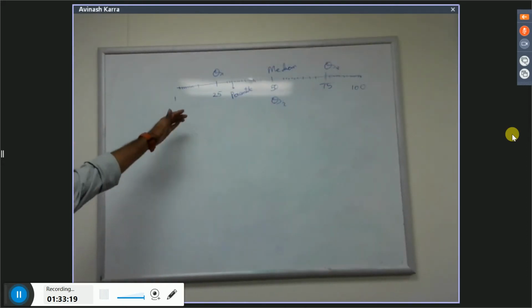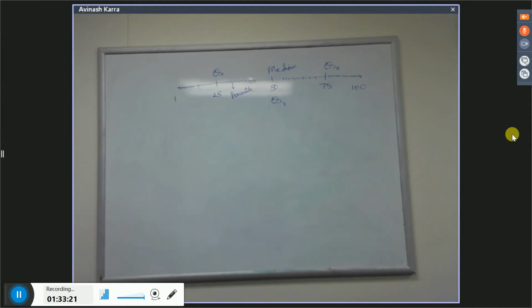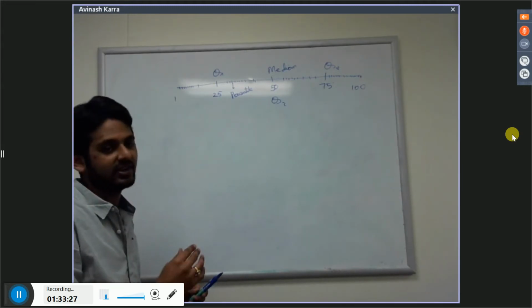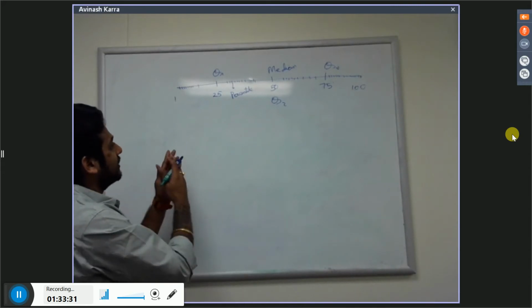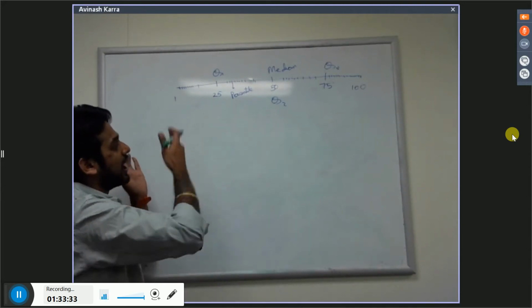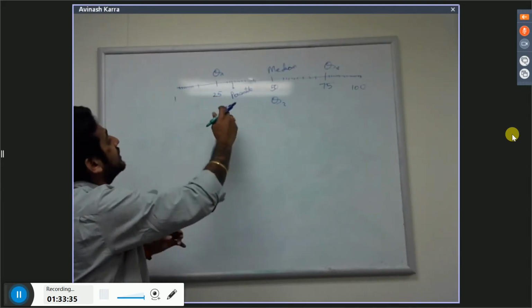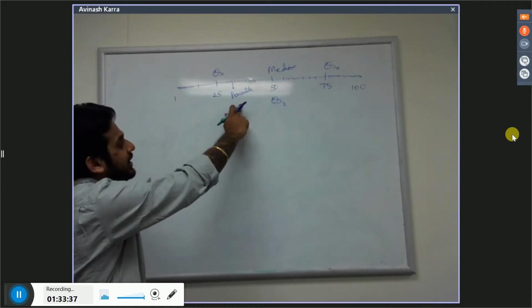Why are we doing this? I will explain with an example later, then you will understand clearly. But this is the basic concept. Please listen clearly. When I divide the whole sequence into 100 equal parts, each part is called percentile.